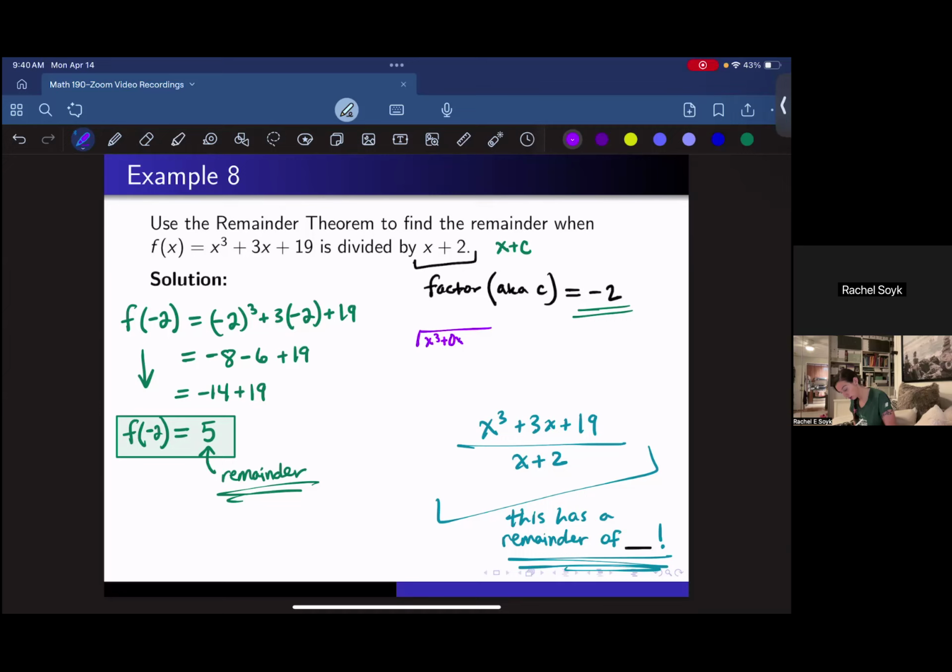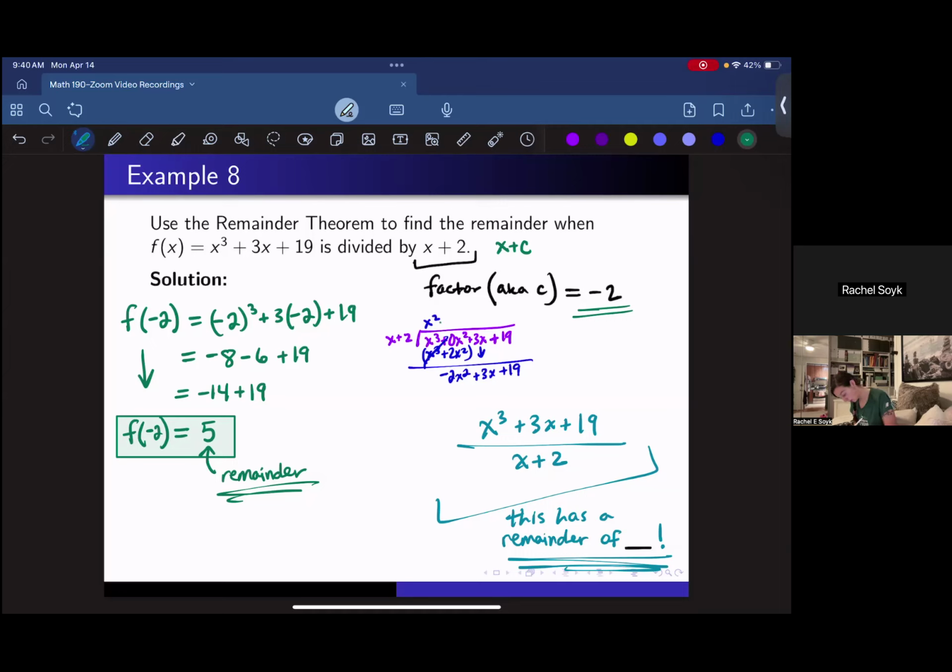We've got to put in a placeholder. And then we're dividing this by x plus 2. So we end up with x squared, subtract, -2x squared plus 3x plus 19.